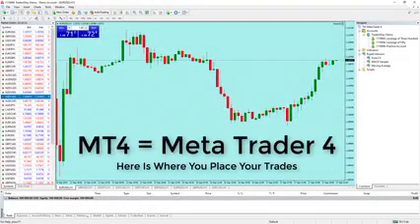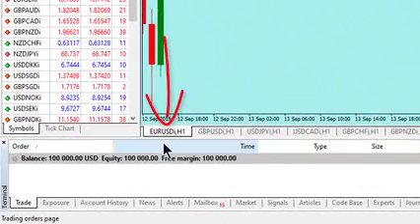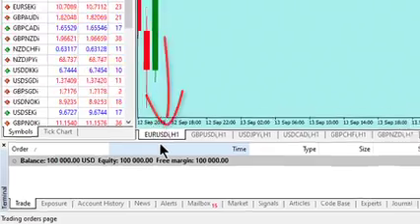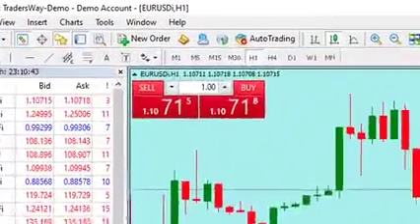I'm going to do an entire training, probably several trainings, on MT4, how to use it and set it up, etc. But I just want to show you a couple things. Right here we're looking at euro dollar, okay? Now let's look at a one lot trade on euro dollar. I don't necessarily care which direction it's going to go, but I just want to give you some examples.